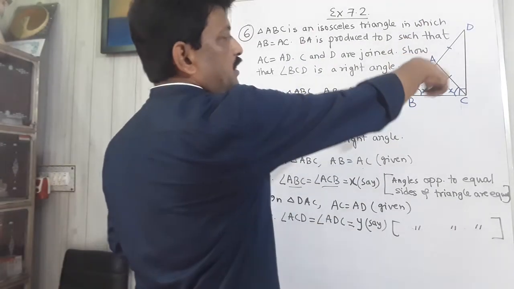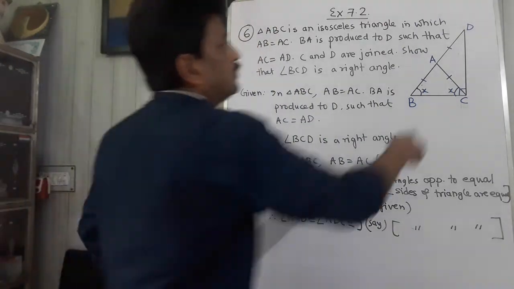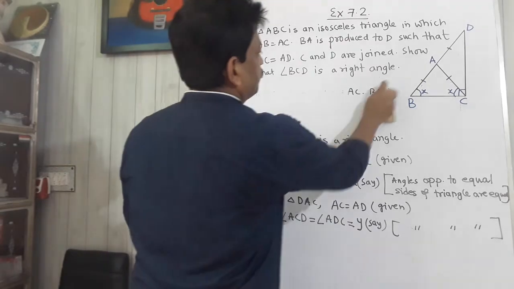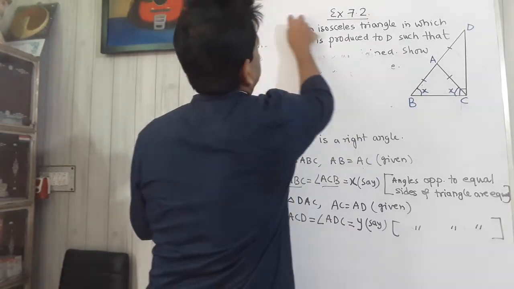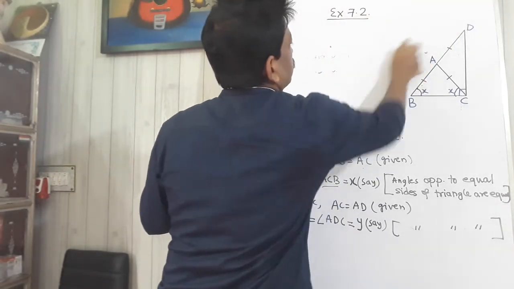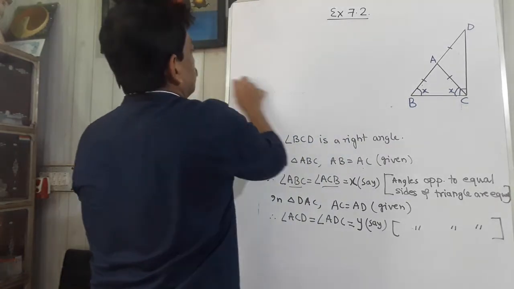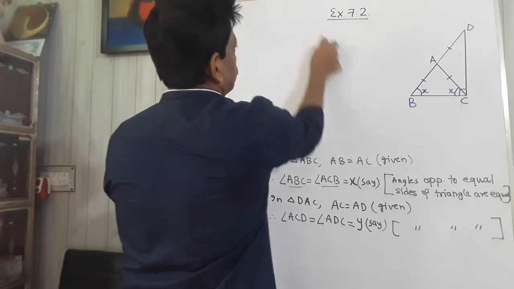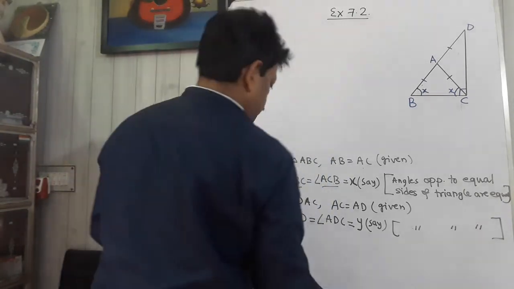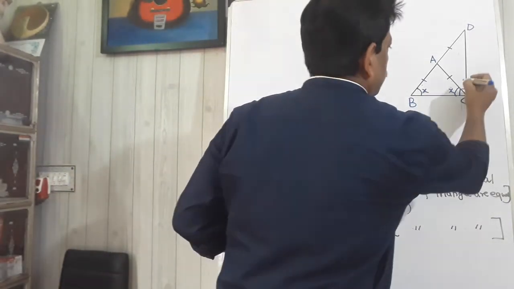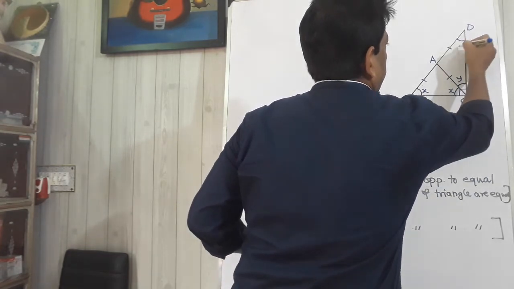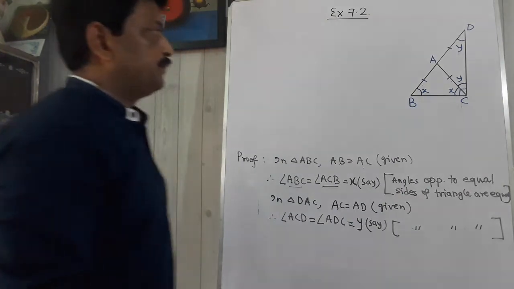Now let us consider the whole triangle DBC. I have taken these two angles as y. So let us write it down in the diagram.